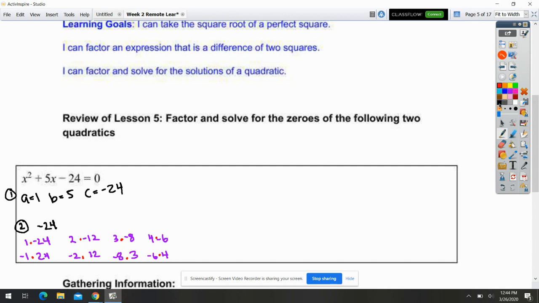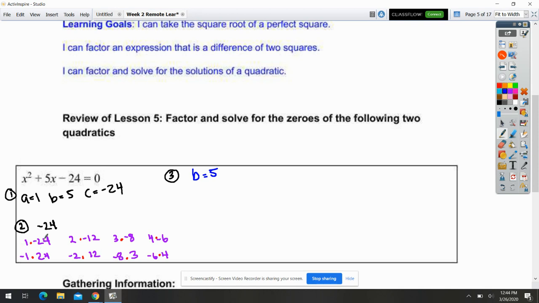Now that we have all our factors listed, our next step is to see which one adds to our B value. So our B value is positive 5. So if I go back to our factors from step 2, let me see.